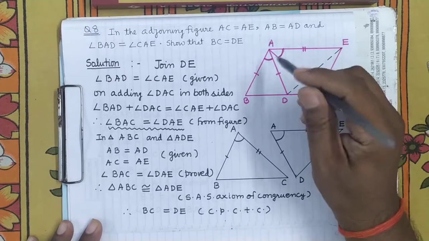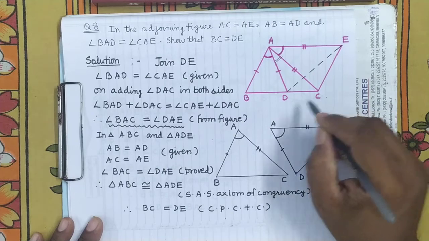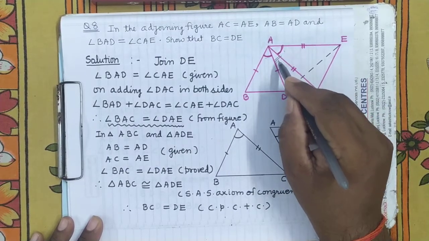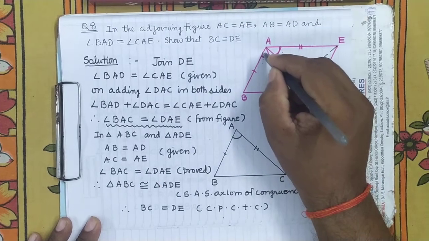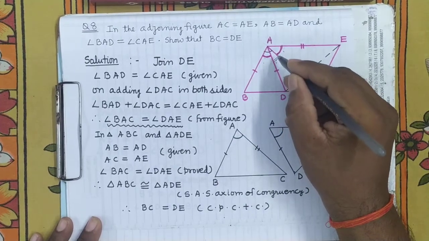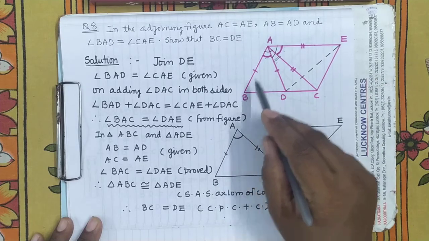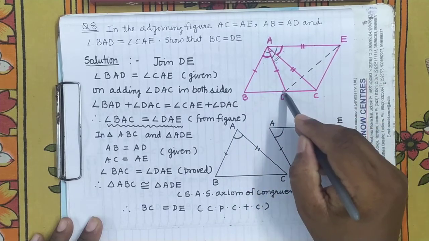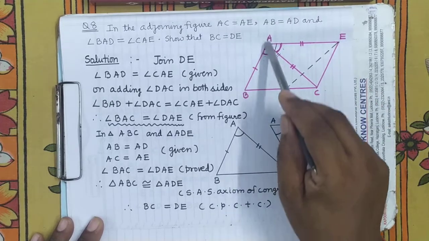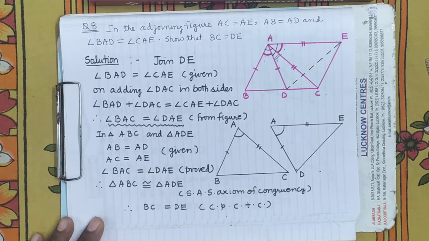You add angle DAC with this as well as this. When you add with this, it becomes equal to this, and when you add with that, it becomes equal to that. Means angle BAC and angle DAE will become equal.